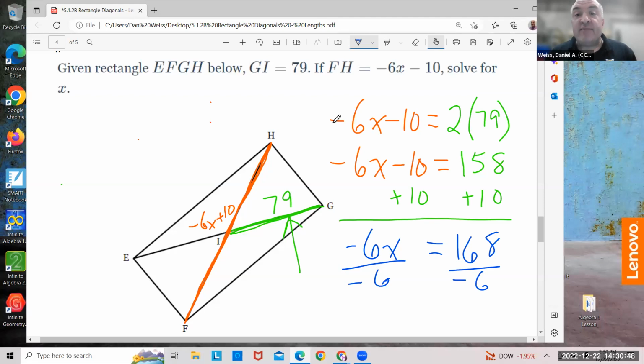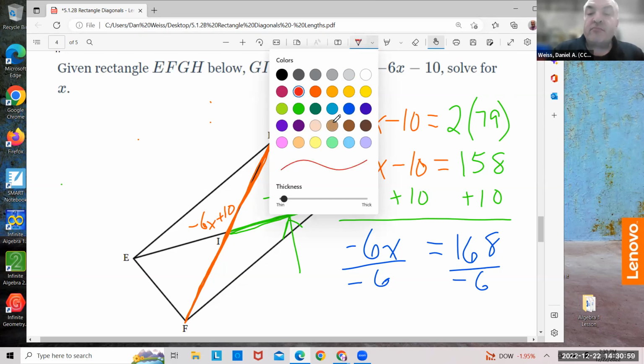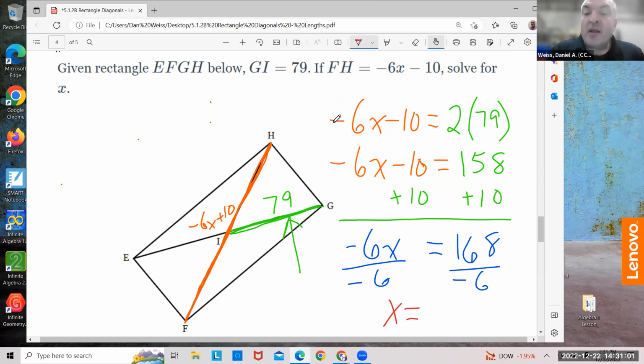It's the first mistake I've ever made my entire life. What's 168 divided by 6? That is 28. So it's going to be negative 28, right? Negative 28. All right, that's not painful, right?